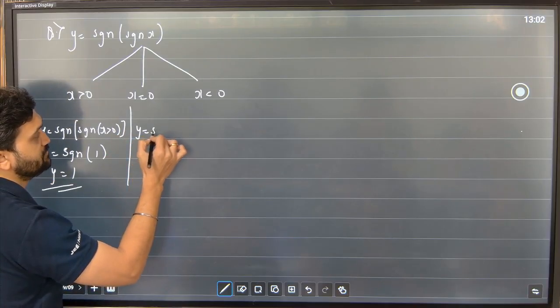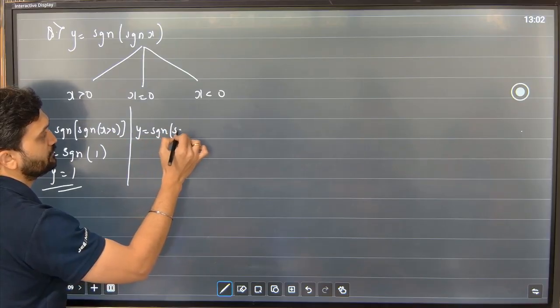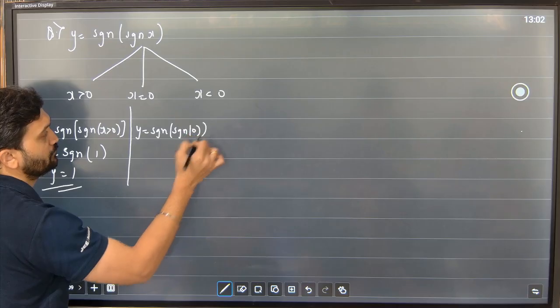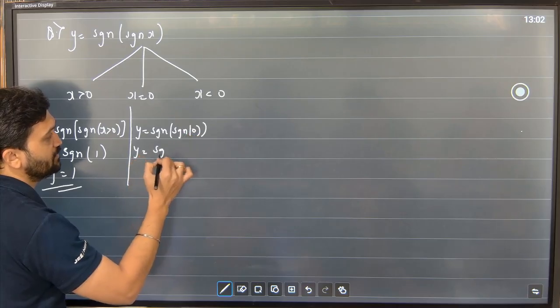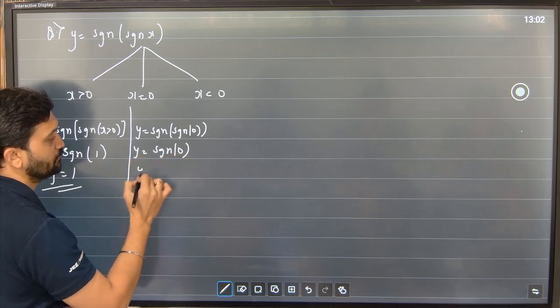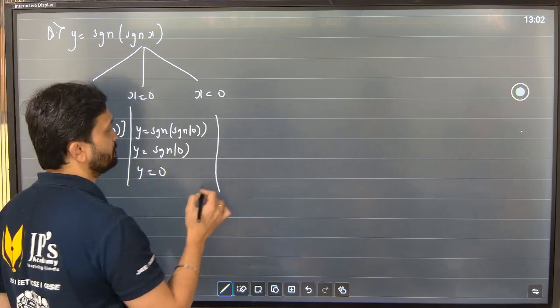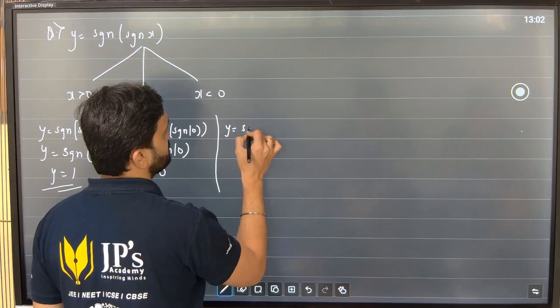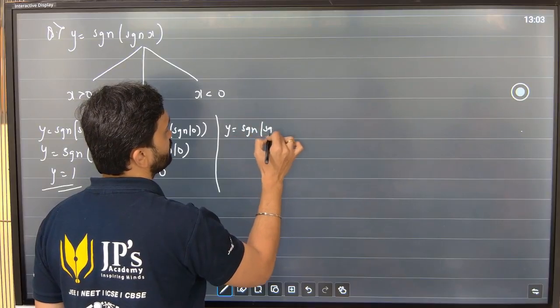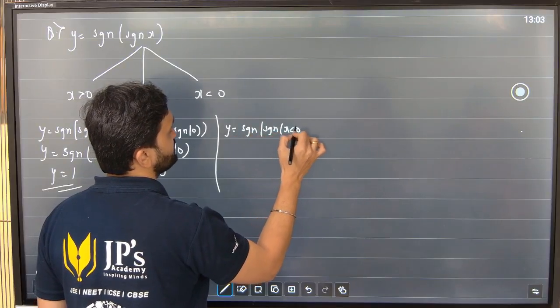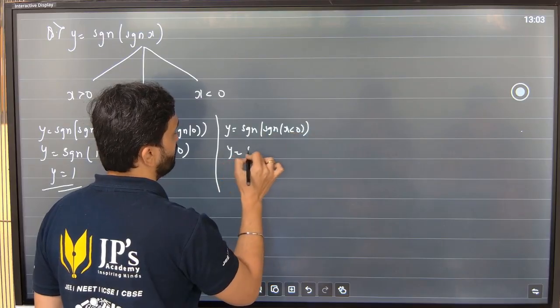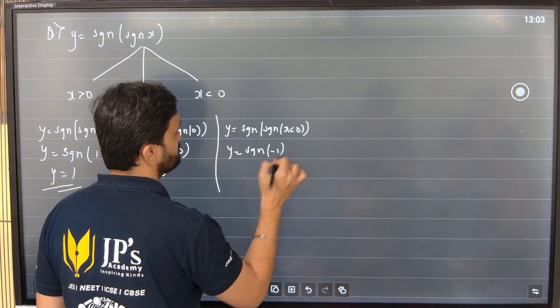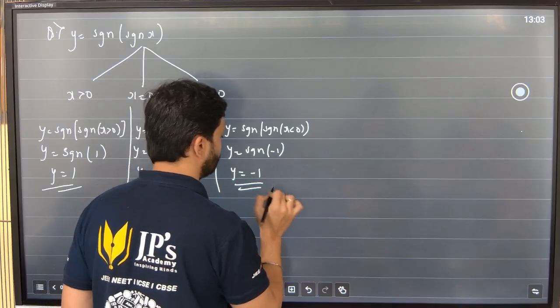If I take y is equal to signum of 0, I know that signum of 0 is 0, so y is equal to 0. And the last part is y is equal to signum of x less than 0, y is equal to signum of -1, and my y is equal to -1.